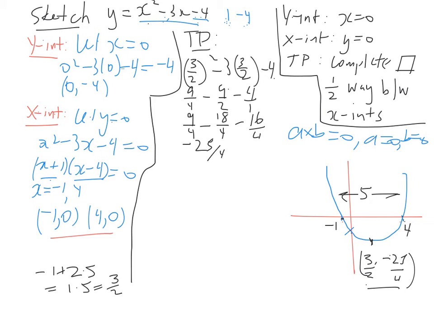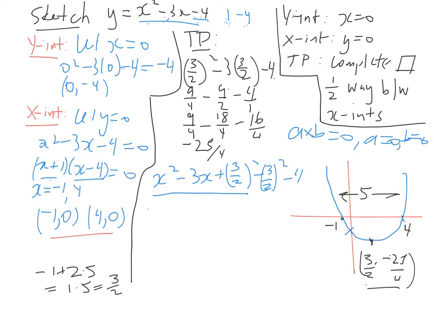So now that we've got that, we'll try to complete the square. So we've got x squared minus 3x, and whatever the number is, we halve it and square it. So plus (3/2) squared minus (3/2) squared minus 4.